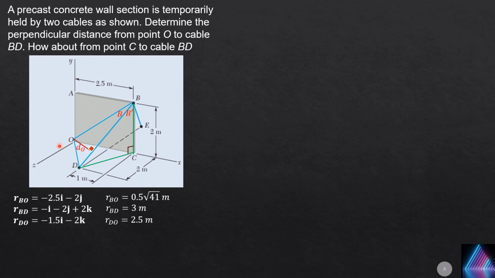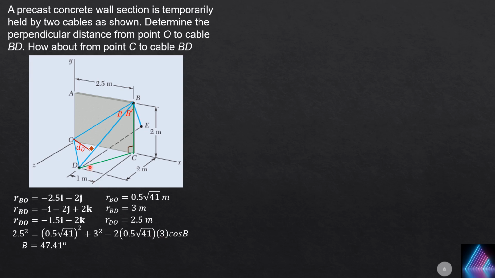So applying the cosine law, DO squared, 2.5 squared, is equal to BO squared, the quantity 0.5 square root of 41 squared, plus BD, 3 squared, minus 2 times 0.5 square root of 41 times 3 cosine of angle B. So I hope you can still recall that. As an engineering student, you should know the cosine law and how to compute the angles. So B is equal to 47.41 degrees.